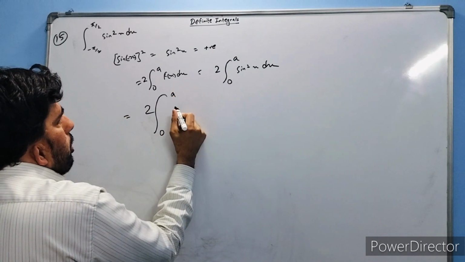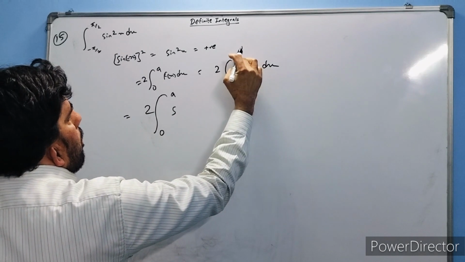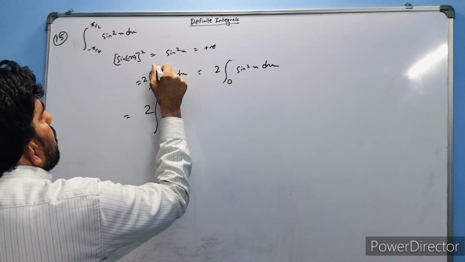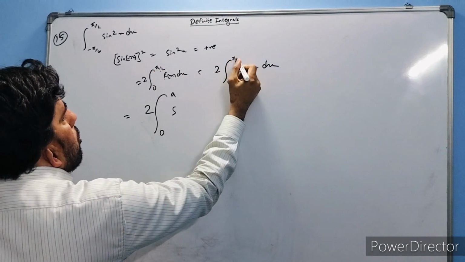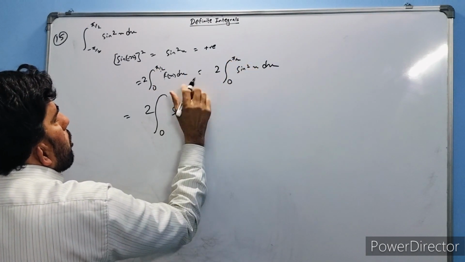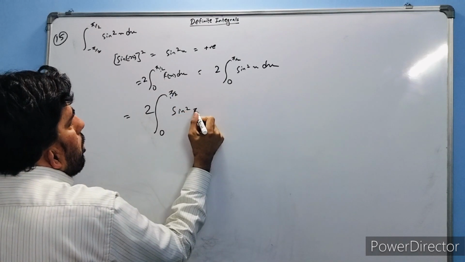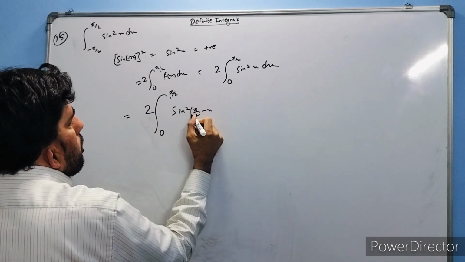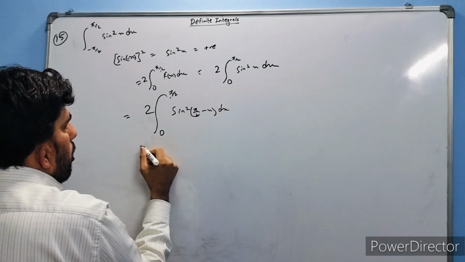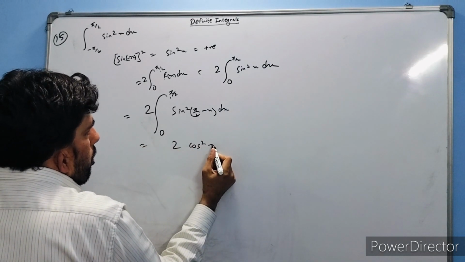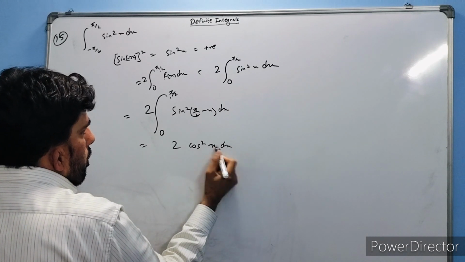What is a here? Pi by 2. So I will write sin square (pi by 2 minus x) dx, so I will get 2 cos square x dx.